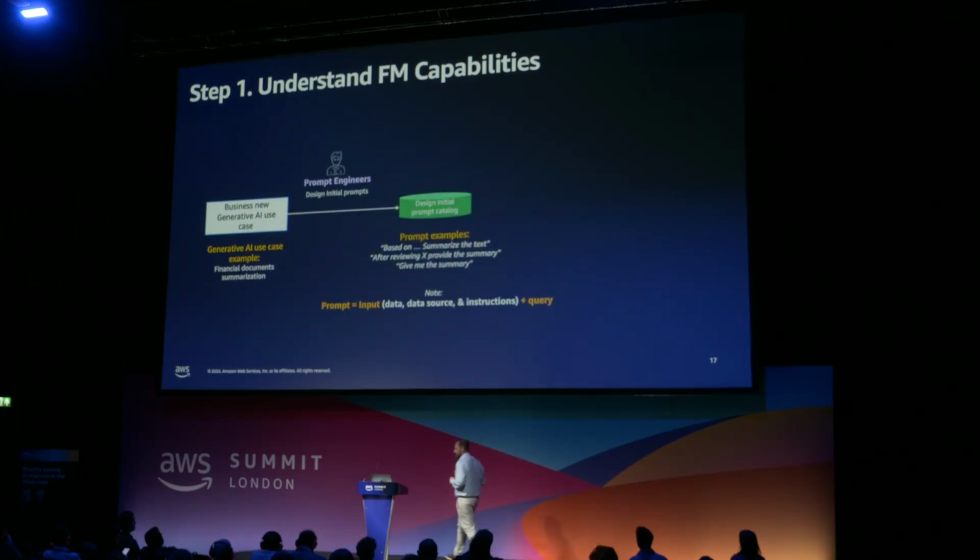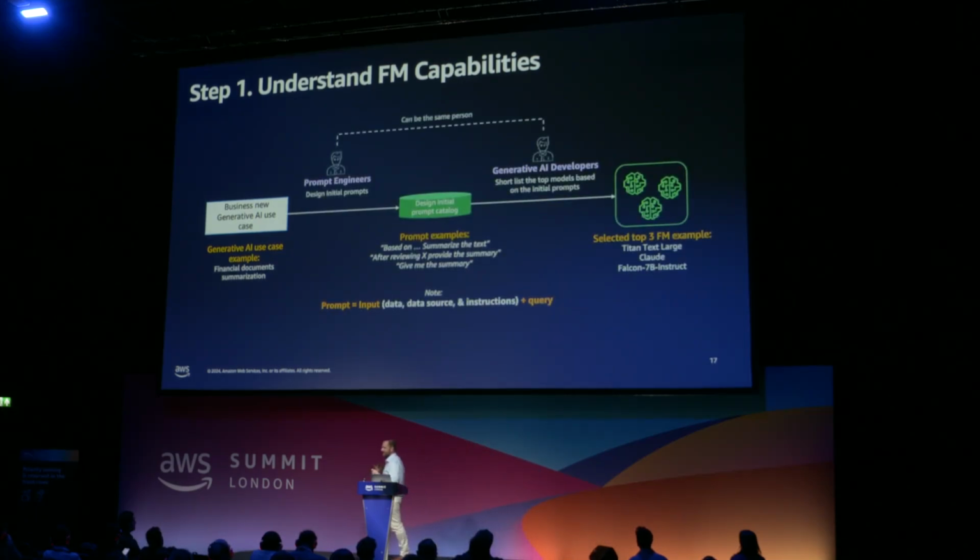We have prompt engineers or Gen AI developers, who might be the same person, and they start creating a list of prompts for a specific use case that they use to test the top models among the 20 models that we have. At this stage, with 5 prompts, based on our experience, they are really capable of bringing the top 3 models that they want to use.